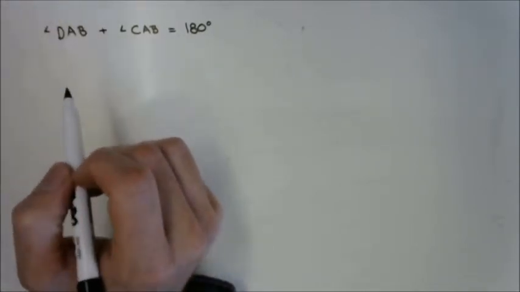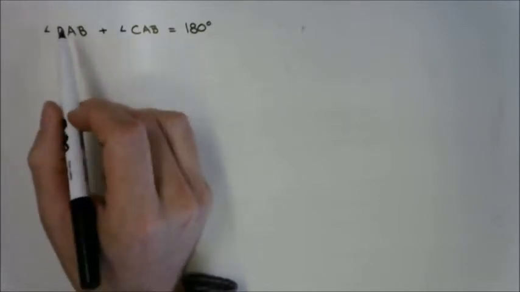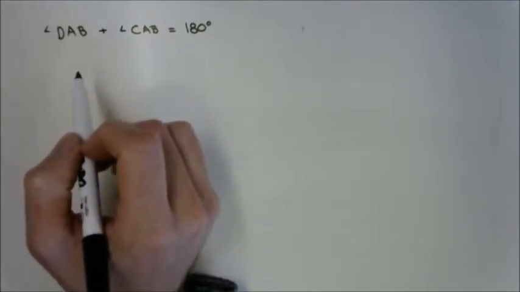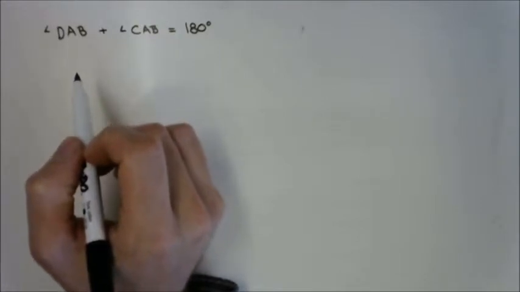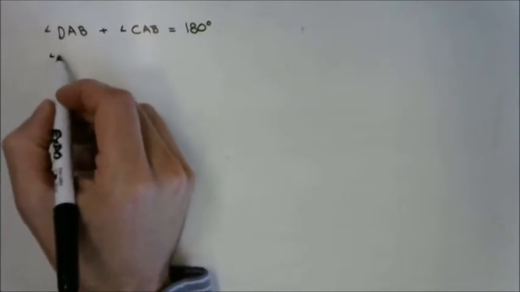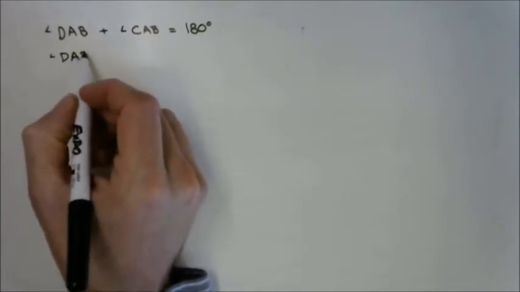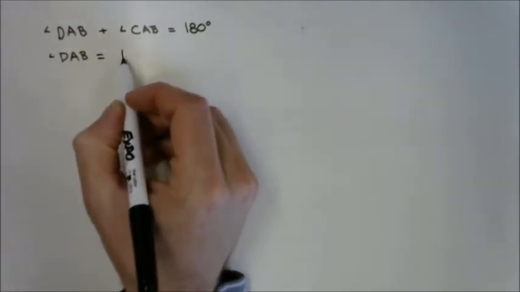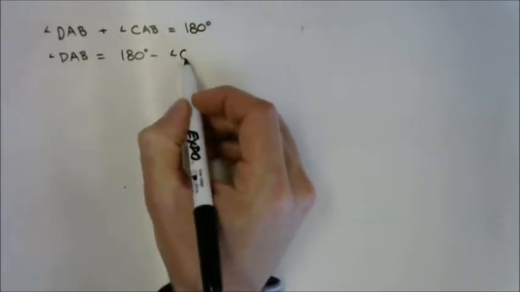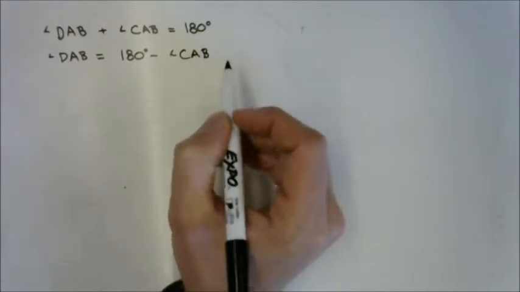What do I need to do to get DAB by itself? I subtract CAB from both sides. Now I have angle DAB equals 180 degrees minus the measure of angle CAB.